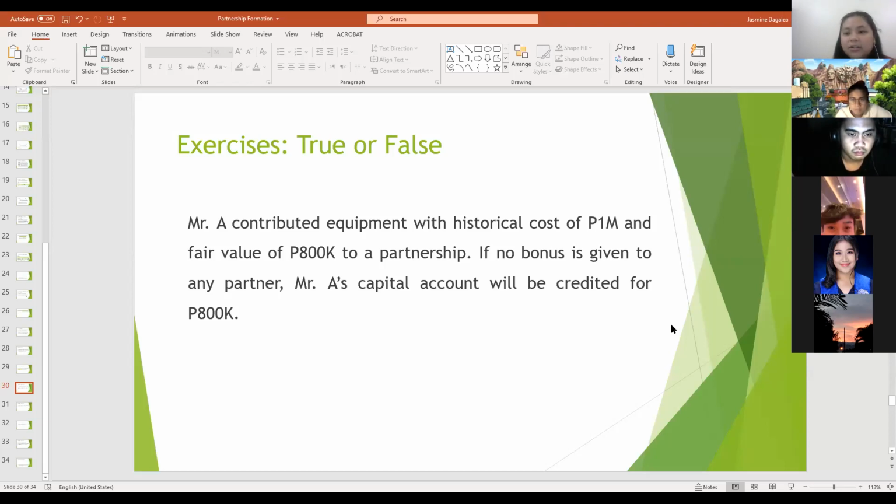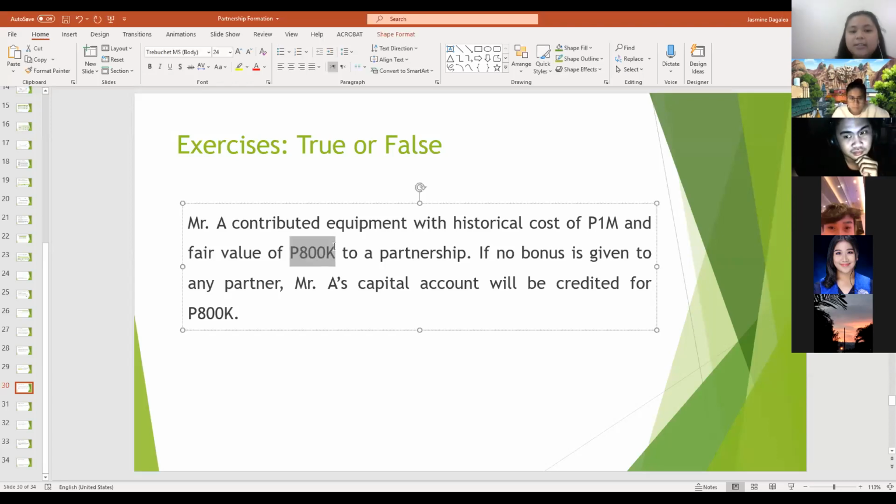So, ang tamang sagot for number 3 is true. Kasi sinabi na fair value is 800K. So, yung i-credit sa capital account ko is 800K, not the historical cost of 1 million.